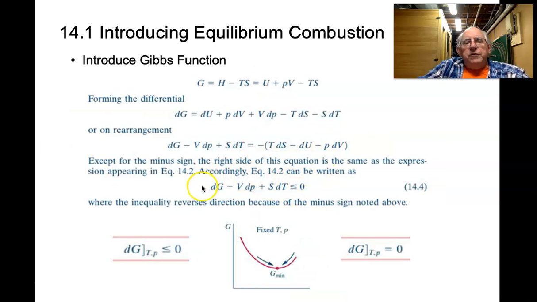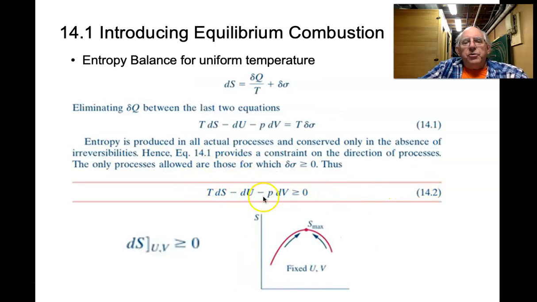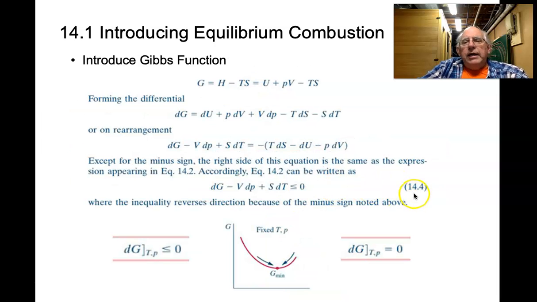The difference between 14.4 and 14.2 is that in 14.2, the left-hand side is greater than or equal to 0, and in 14.4, the left-hand side is less than or equal to 0.